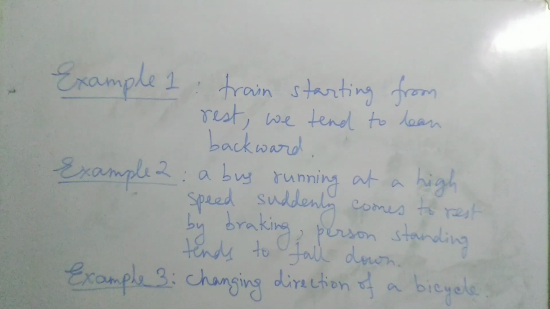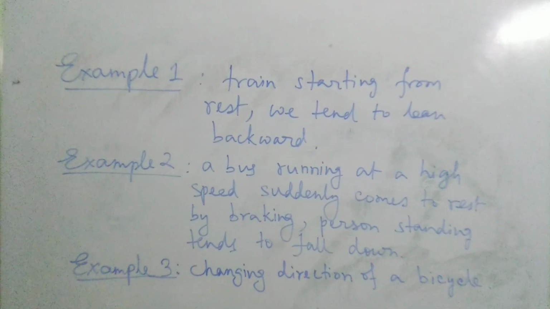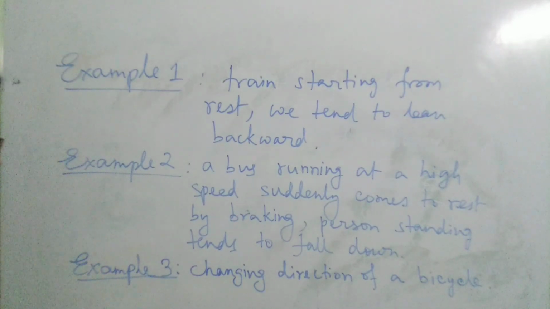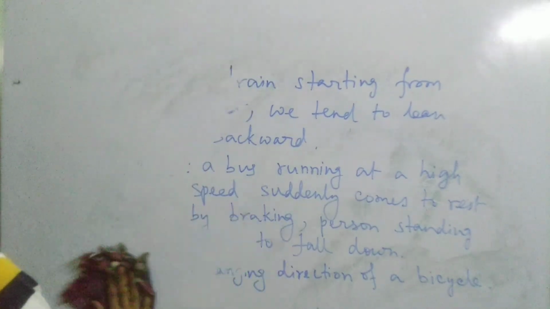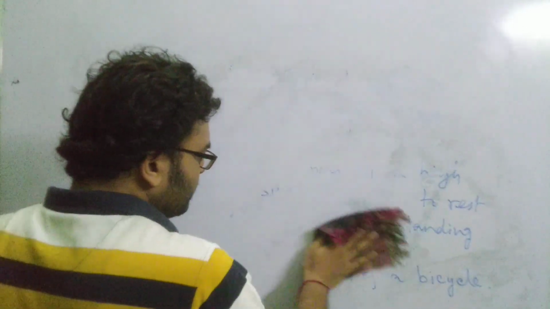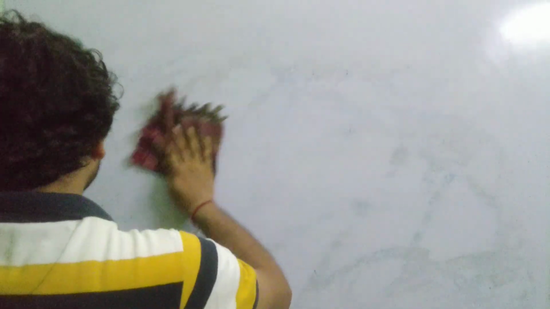You can take a glass of water and describe another example. You can do this practically in your home, or you must have played carrom board. While playing carrom board, what happens when you hit the striker and the striker hits the other buttons?